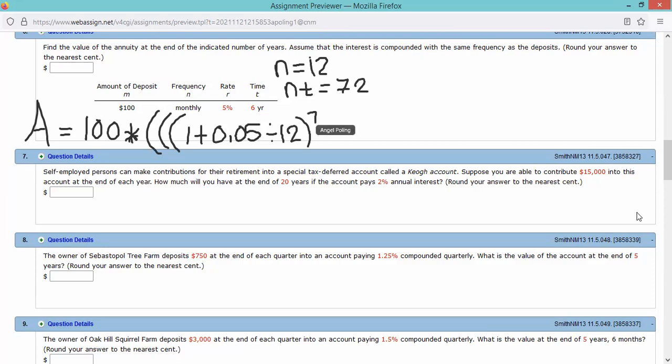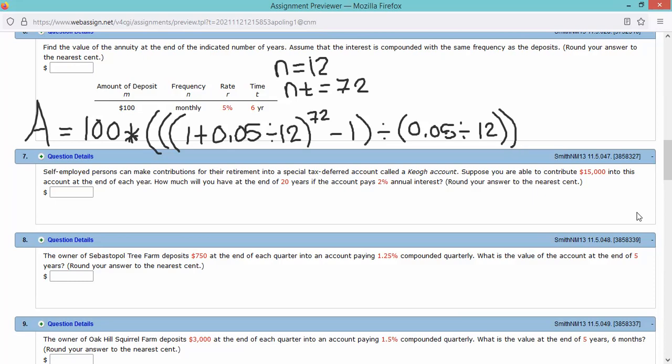So raise that to the power 72, and then subtract 1, and parentheses for the numerator, divide by parentheses 0.05, which itself is divided by n, the quotient.